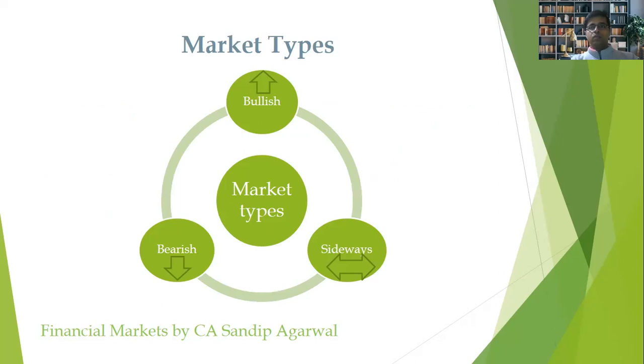One is bullish, where we expect the underlying instrument to move in the upward direction. One is bearish, where we expect it to move in the downward direction. And another is sideways, where we expect the underlying instrument to keep in a tight range, either to remain constant or to move in a range of plus minus 1 to 2%.